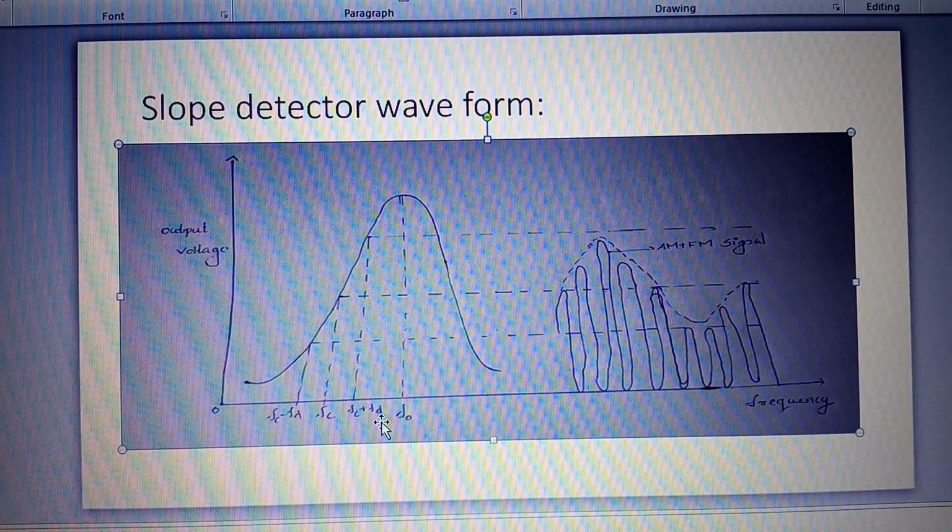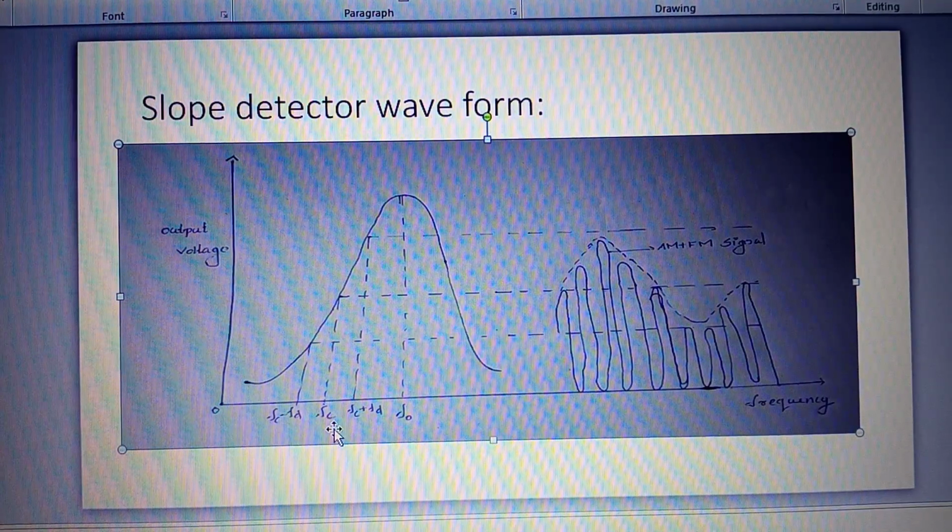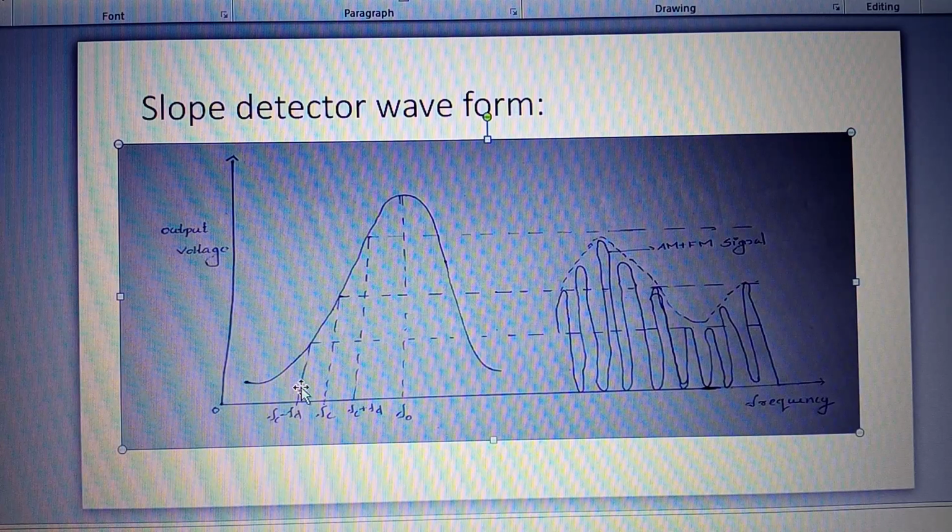So the frequency varies from Fc, the carrier frequency, according to the strength of the modulating signal. Sometimes this frequency increases, and sometimes the frequency decreases from the resting frequency. The maximum deviation is shown by Fd. So we can go up to a maximum of Fc plus Fd, or on the other side down to Fc minus Fd. This is called the deviation.